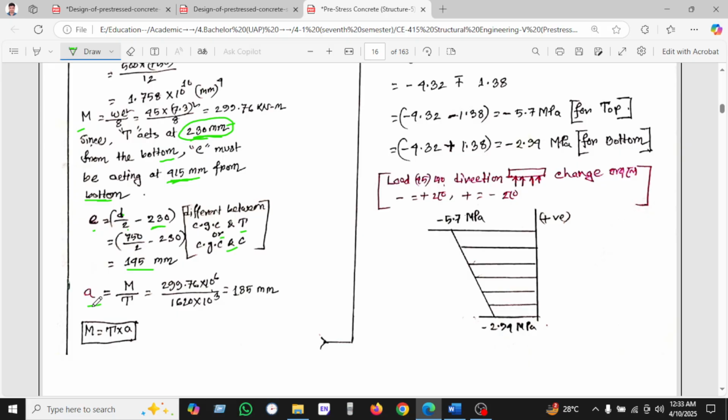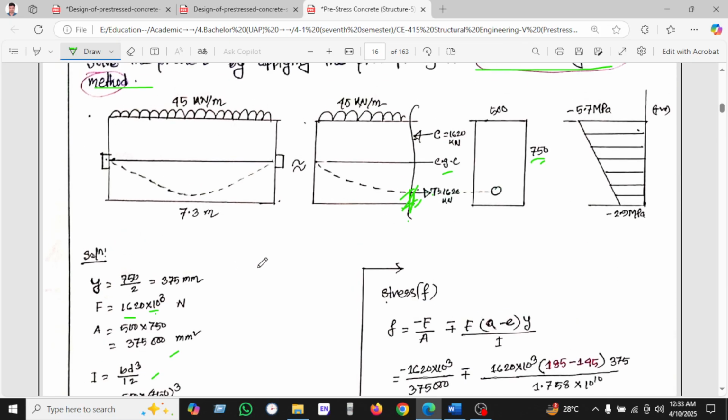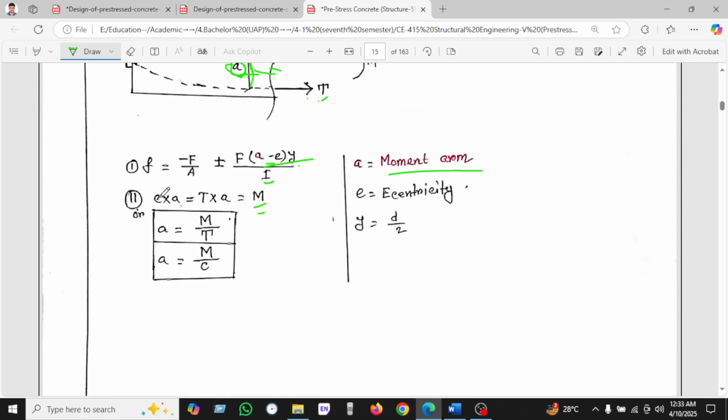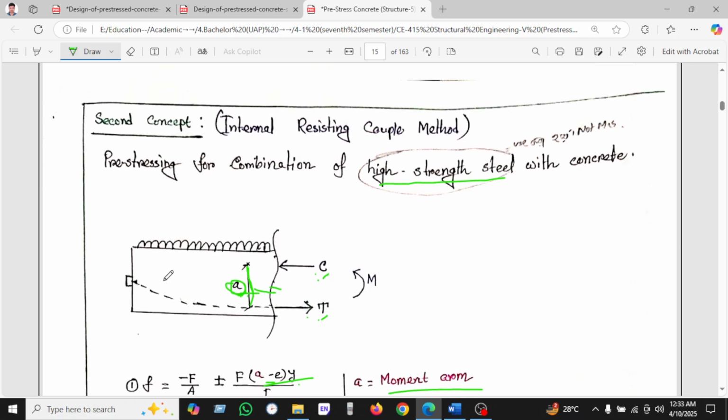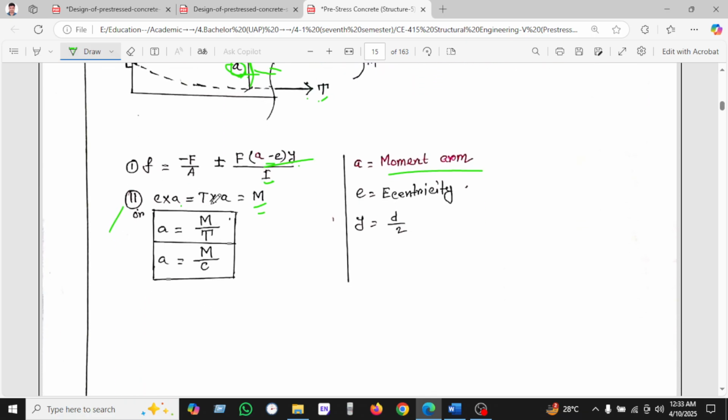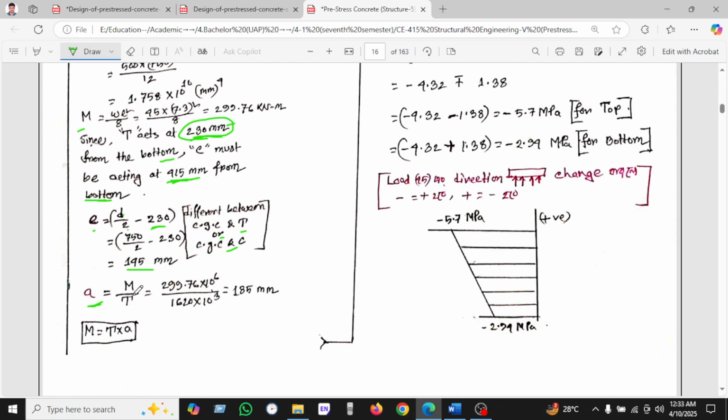Okay, so now we will get, as we can see in this formula, C into A equals T into A equals M. So from this we can find A equals M by T. So in this way M by T you can find 185.